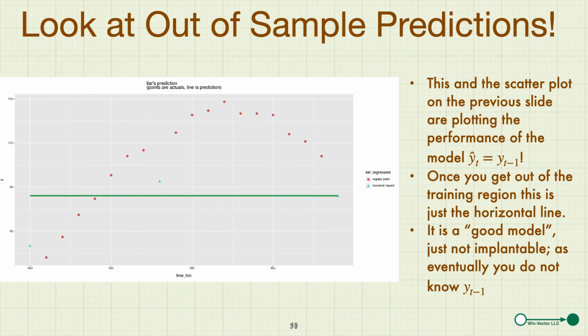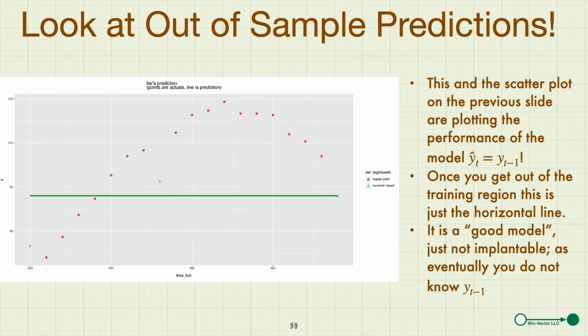So this entire graph is out of the training region. The liar's prediction using the previous time tick is now forced to use the previous known time tick. So at time 990, it can't use time 989 as its prediction. It has to go all the way back to time 959 because that's the last time it knew.